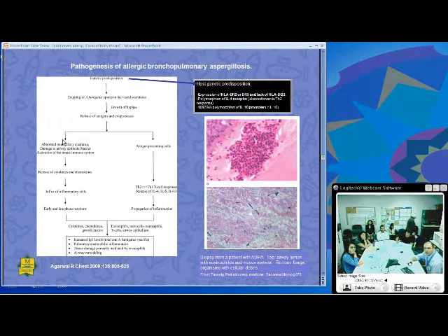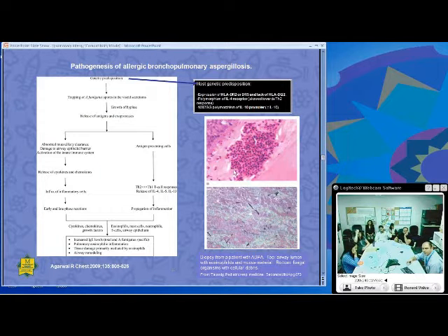The Aspergillus reacts to it, and it releases cytokines and chemokines, and all of this creates an inflammatory early and late phase reaction. So there is also a type 3 reaction component, and then you end up with all of the clinical and laboratory findings of ABPA.